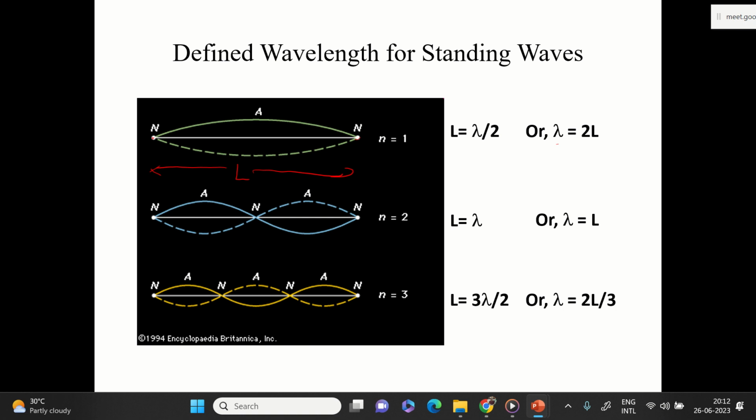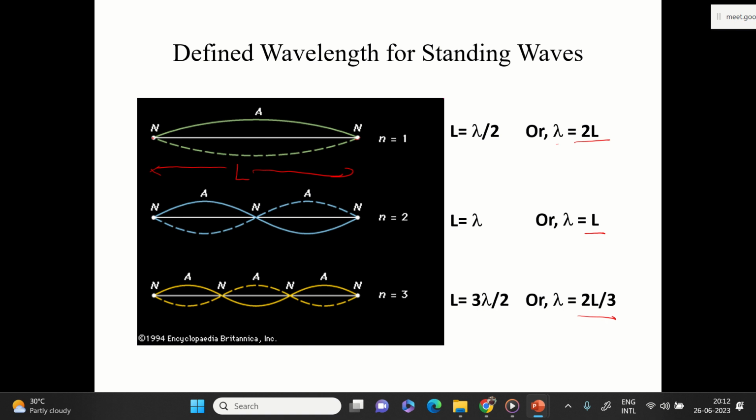You see one thing in these standing waves. A standing wave cannot have a continuous change in lambda. Either it can be 2L, it can be L, or 2L by 3. So the मतलब wavelength continuously change नहीं कर सकता है.